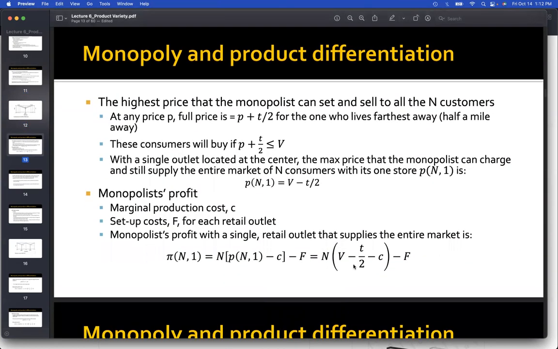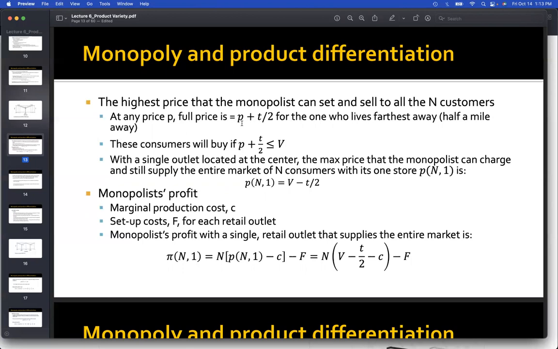All right. So what is the highest price that the monopolist can set and sell to all end customers? If you notice, this is now 1/2 because the monopolist is in the center. So that's why X is actually 1/2 here. So we know what X is.